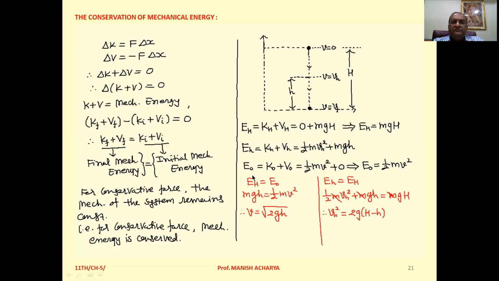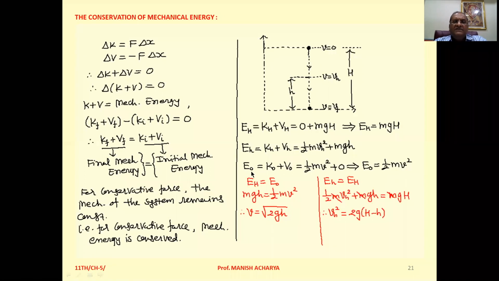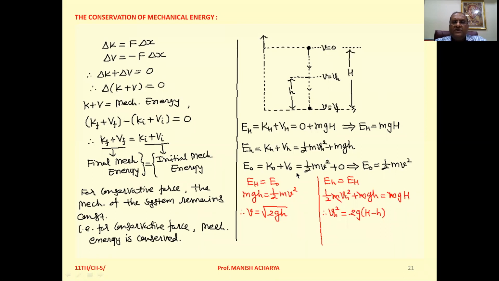Okay. Now when it hits the ground, suppose its velocity is v, the final velocity. So at the ground, mechanical energy E0 is kinetic energy at the ground K0 plus potential energy at the ground V0.